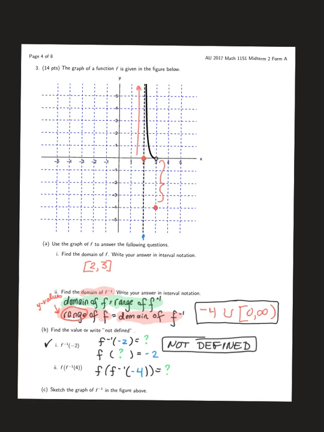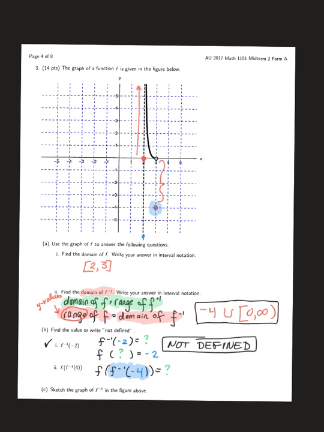But let's ask ourselves now, what number do we plug in to our function to get -4? And we can see that we need to plug in an x value of 3 to get -4, because this point's coordinates are 3, -4.